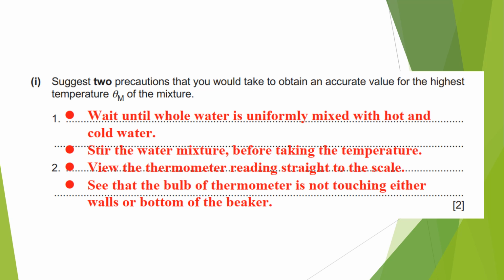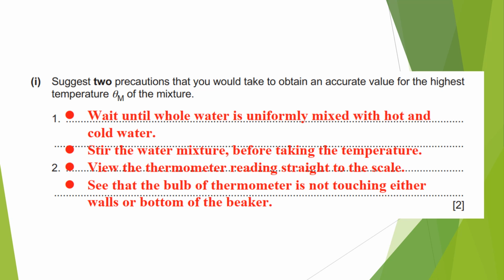This question is for 2 marks, you can write any 2 points. Here I have given 4. Wait until the whole water is uniformly mixed with hot and cold water and then take the temperature reading. Stir the water mixture before taking the temperature.